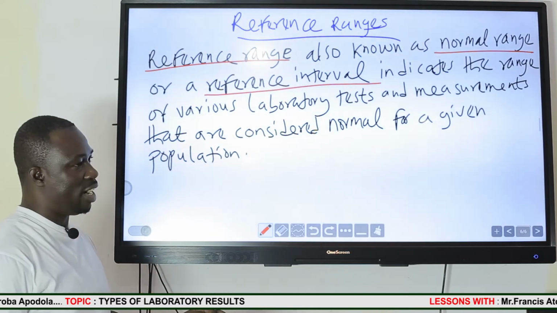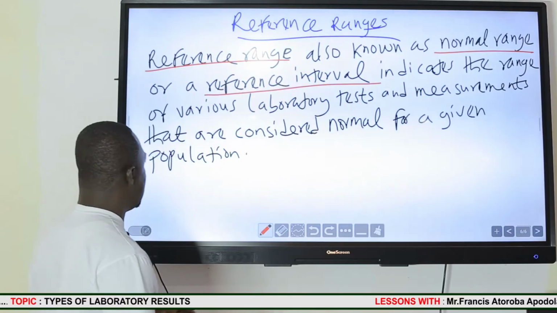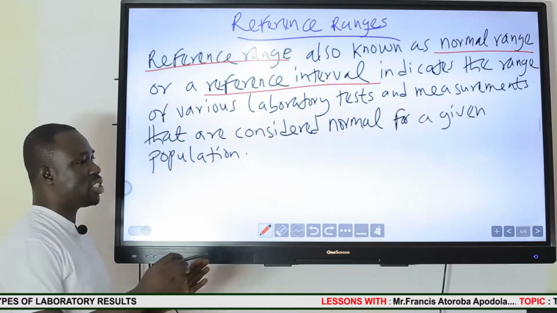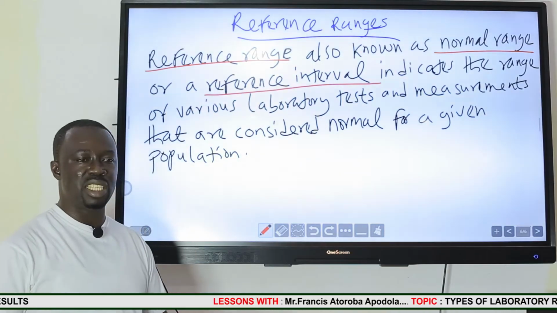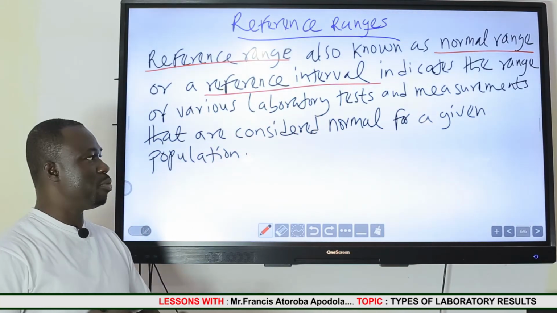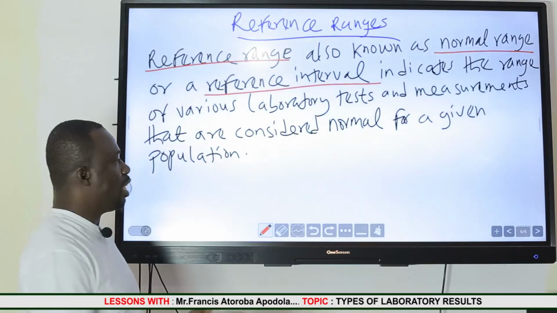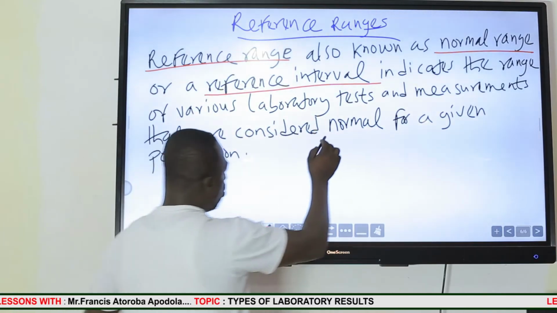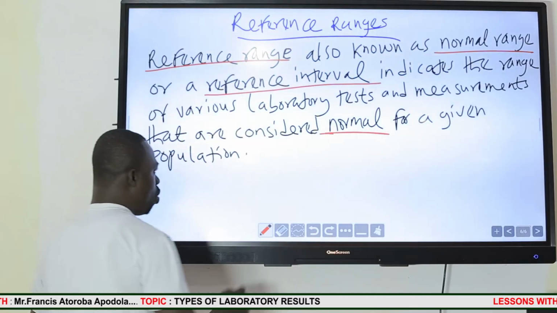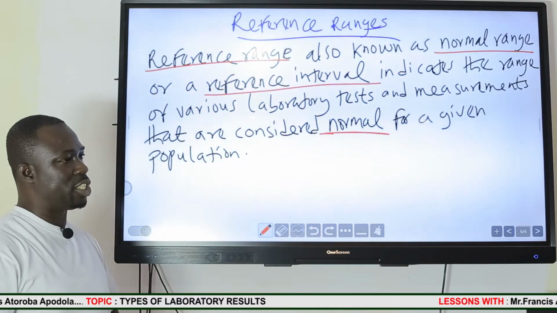And this interval indicates the range of various laboratory tests. All the examples of the tests we mentioned are considered various laboratory tests and measurements that are considered normal for a given population.